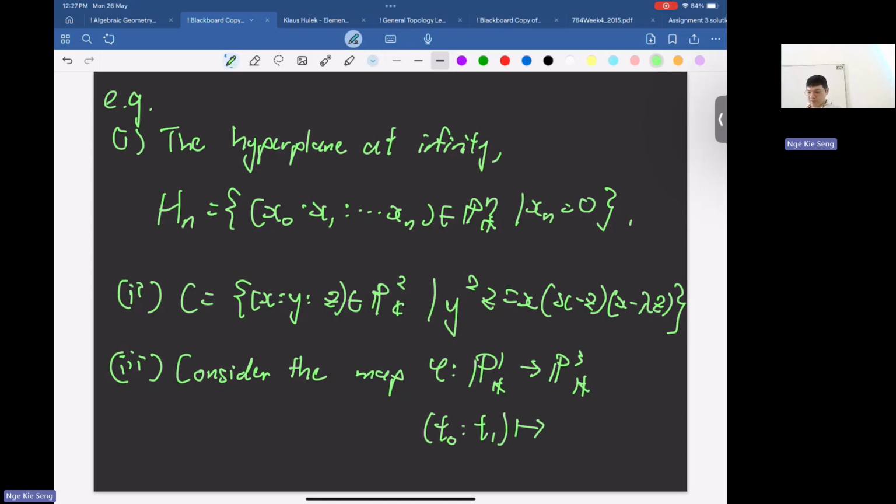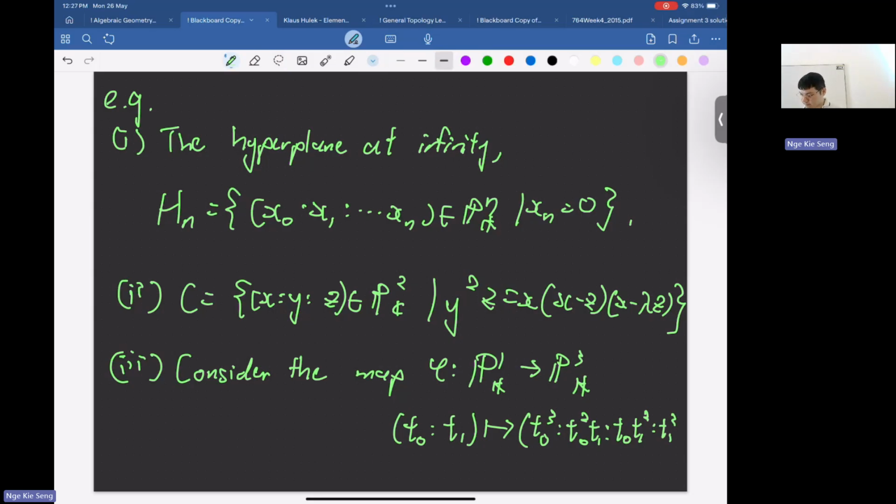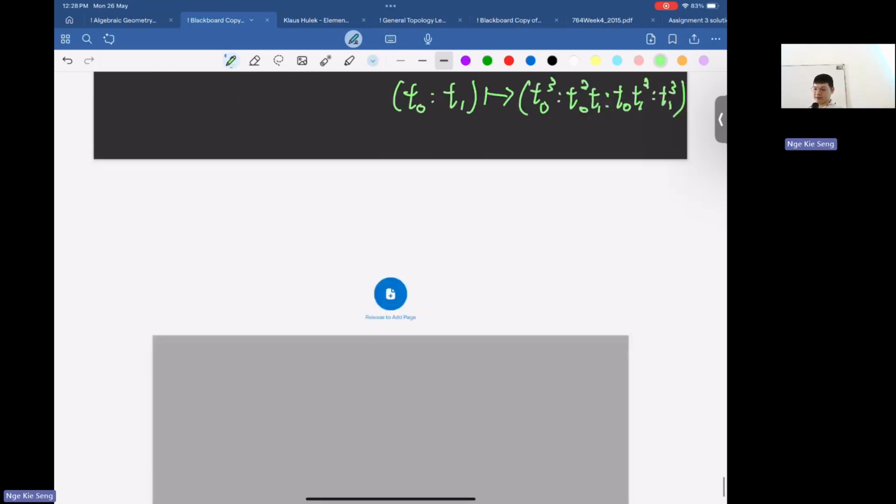Maybe I let you stare for a bit on this parametric equation here. Can you recognize what homogeneous polynomial it satisfies? Can you think of any homogeneous polynomial that is satisfied, equal to 0? I mean the image.